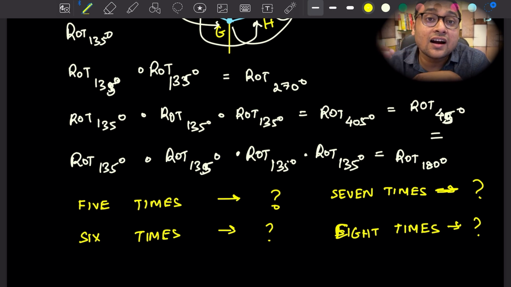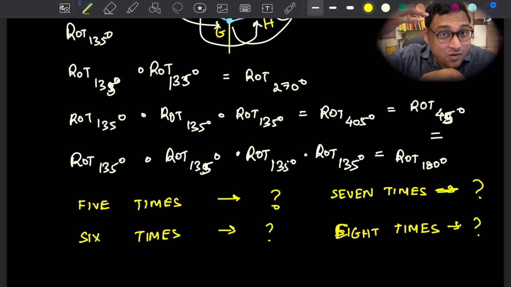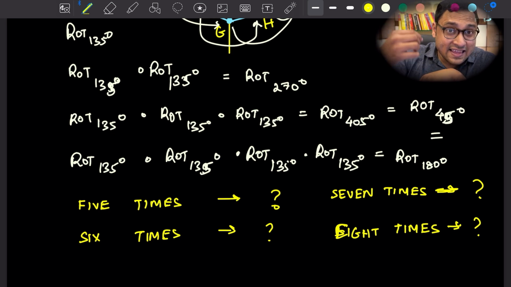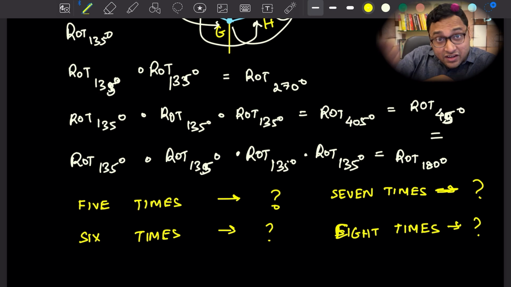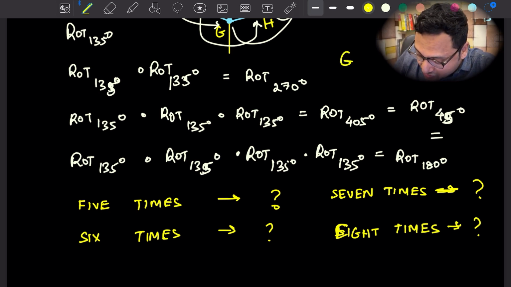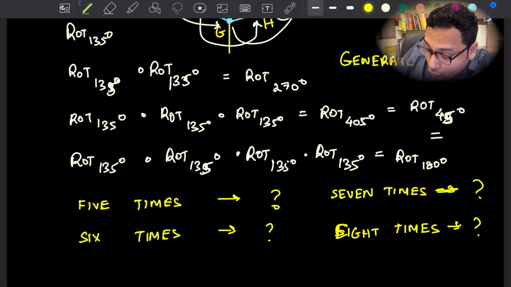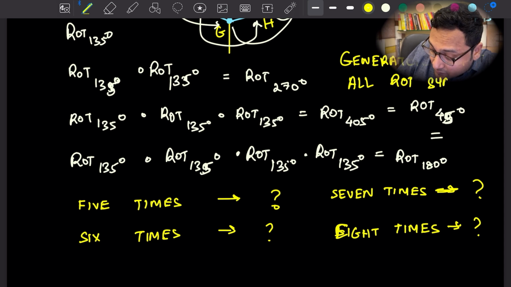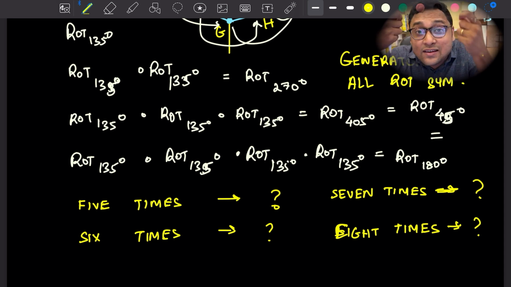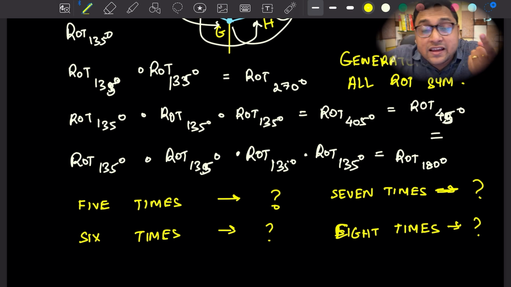So these are not only rotational symmetries, they are the generators of all rotational symmetries. That means using one of them, just by composing it with itself, you can generate all of them. You can create all the rotational symmetries.